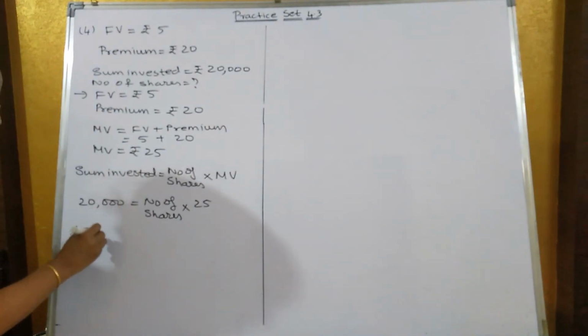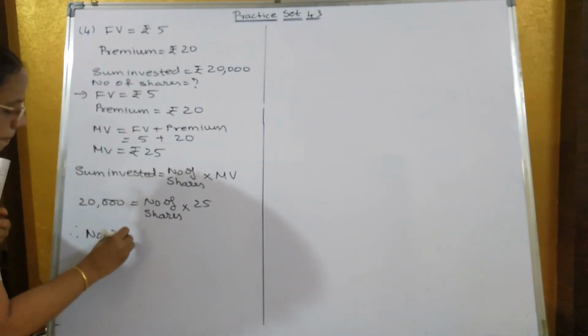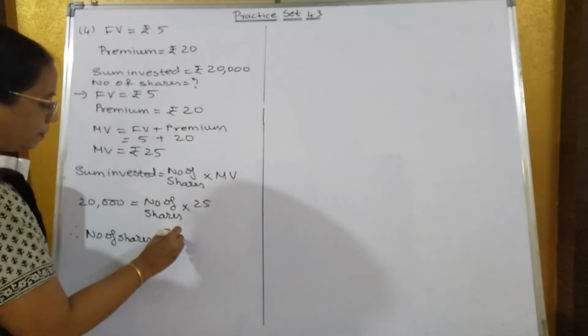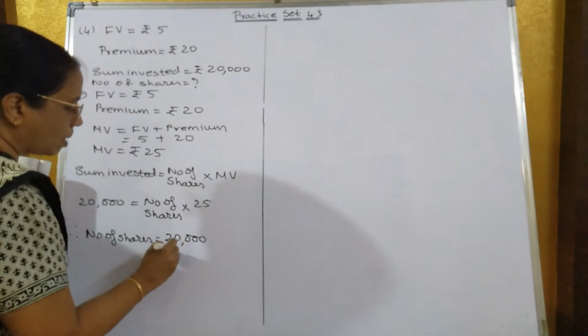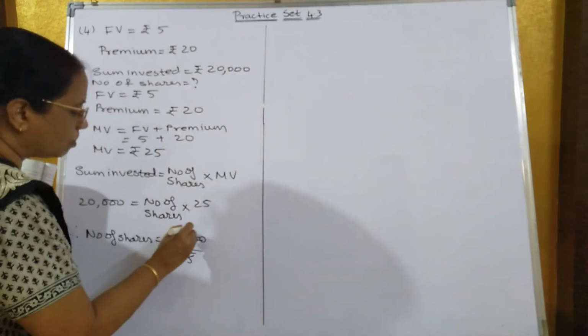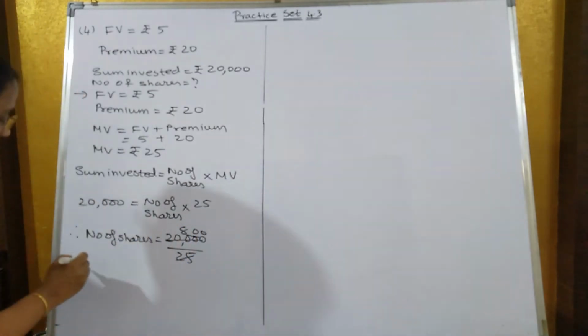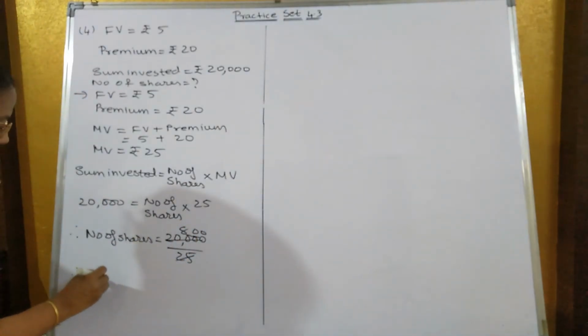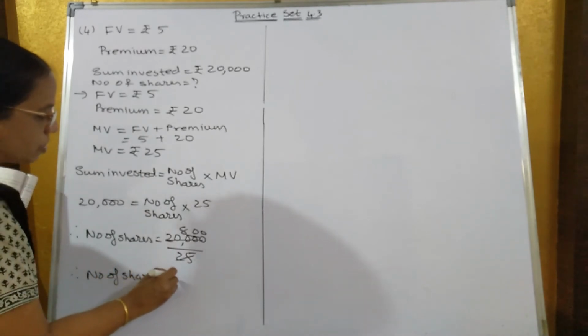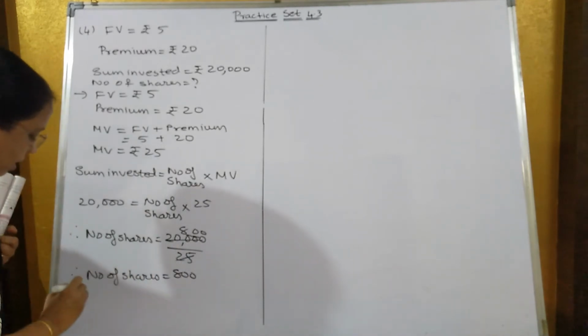Therefore, number of shares is equal to 20,000 upon 25. That is equal to 800. So number of shares is equal to 800.